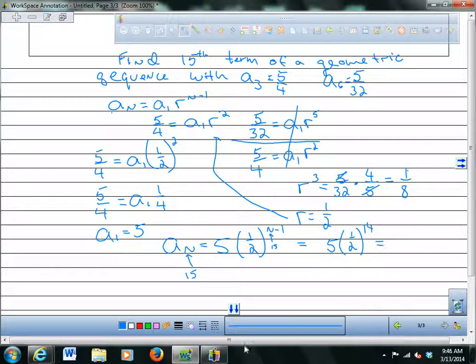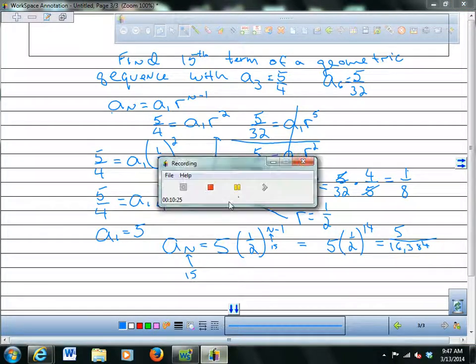And if I do that on my calculator, I get 5 over some big number. And that big number happens to be 16,384. Get it? Let's pause if you want to write that down.